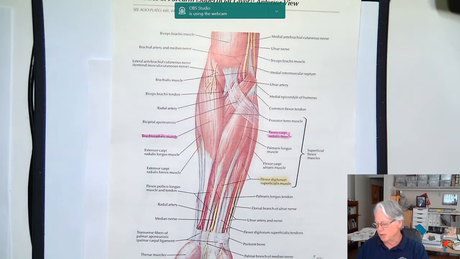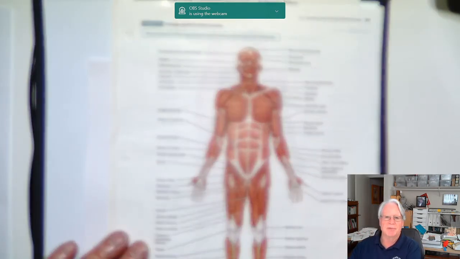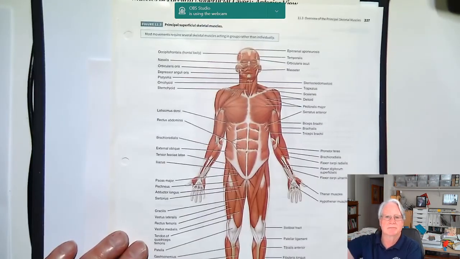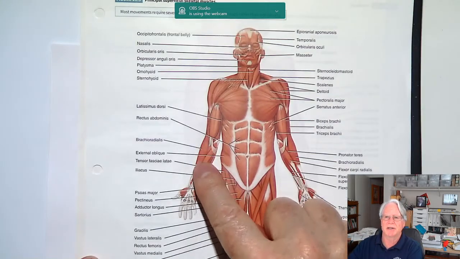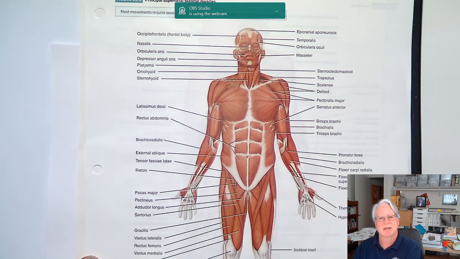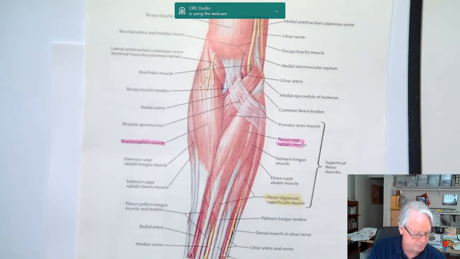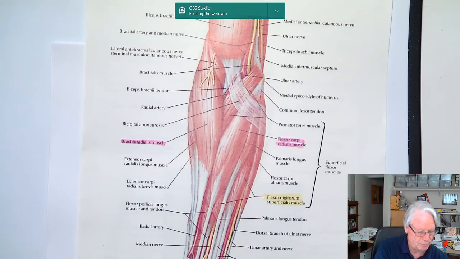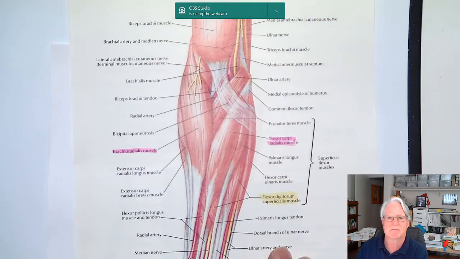Your textbook, the best we're going to do here is this image right here. Not extremely clear. Here it is on this side, brachioradialis. Not particularly clear in that picture, but very strong in this picture right here. Brachioradialis.